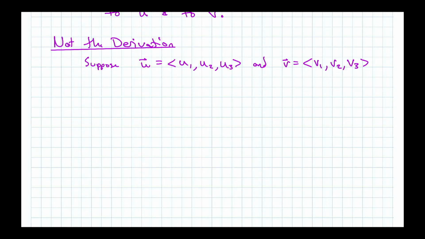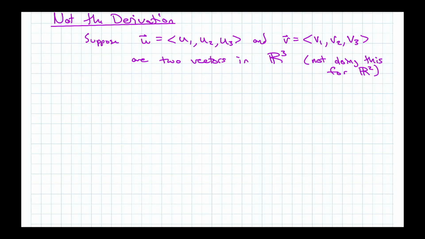So suppose u and v are two vectors in R3. We're not doing this for R2, because you can't. So we have u and v, two vectors in R3. Maybe they're two non-zero vectors. It doesn't really matter.